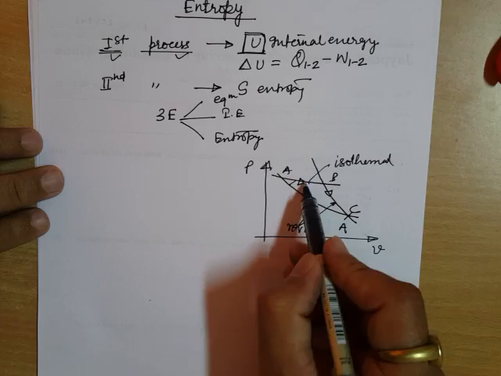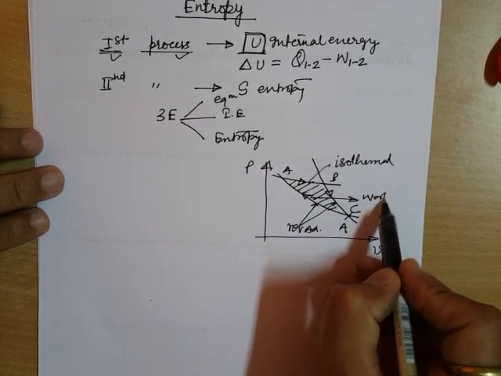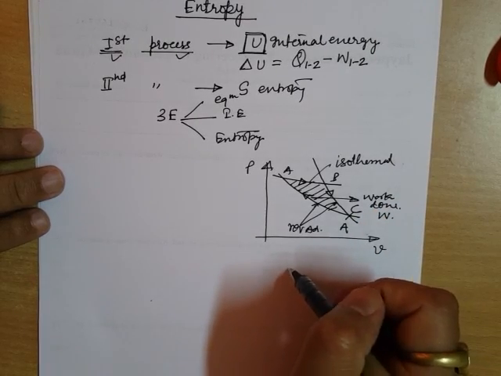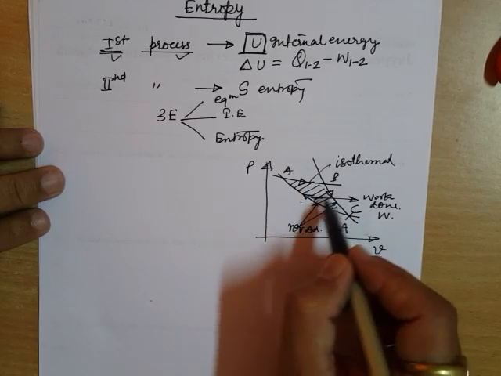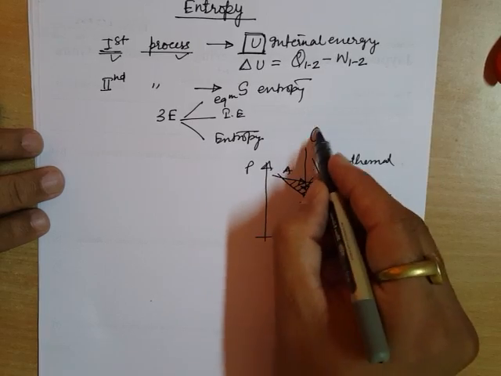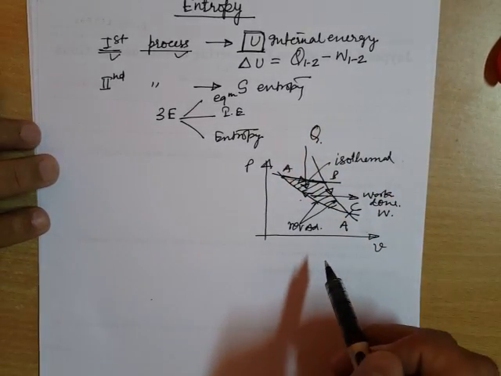And you know the area of this cycle will give you the work done, that is W. If you see the total amount of heat interaction in the cycle, as these two are adiabatic, there will not be any heat interaction. So the sole heat interaction in this cycle is in this isothermal process.